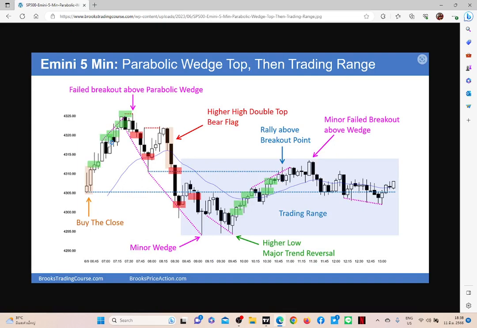Every green bar is a reasonable buy in the idea of Al Brooks, and the red bar is the short setup, and you check whether your setups match with Al Brooks.